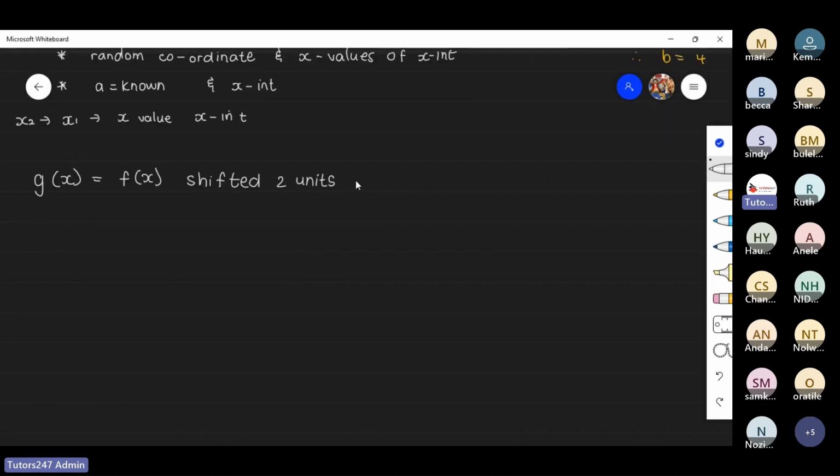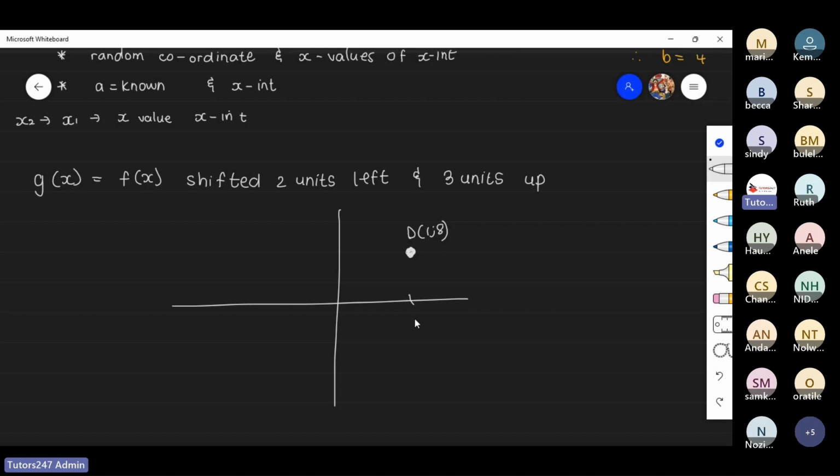So 2 units left and 3 units up. Now, if we were to represent this as a drawing, let's say we have this coordinate point here, and this coordinate point was D, which has coordinates 1 and 8. So this is 1, this is 8.